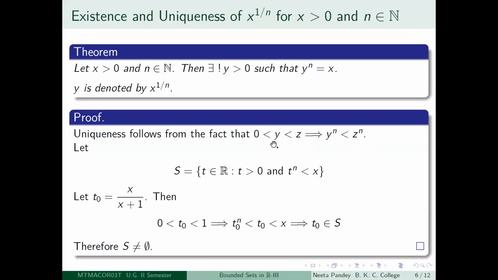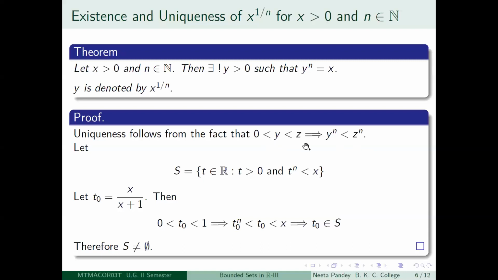So once you have y less than z, y squared will also be less than z squared. Similarly, again you multiply by y, then you will get y cube is less than y squared z, and that will be y z squared, right? So you have y squared is less than z squared, multiply by y, you will get y cube is less than y into z squared, and that will be less than z cube.